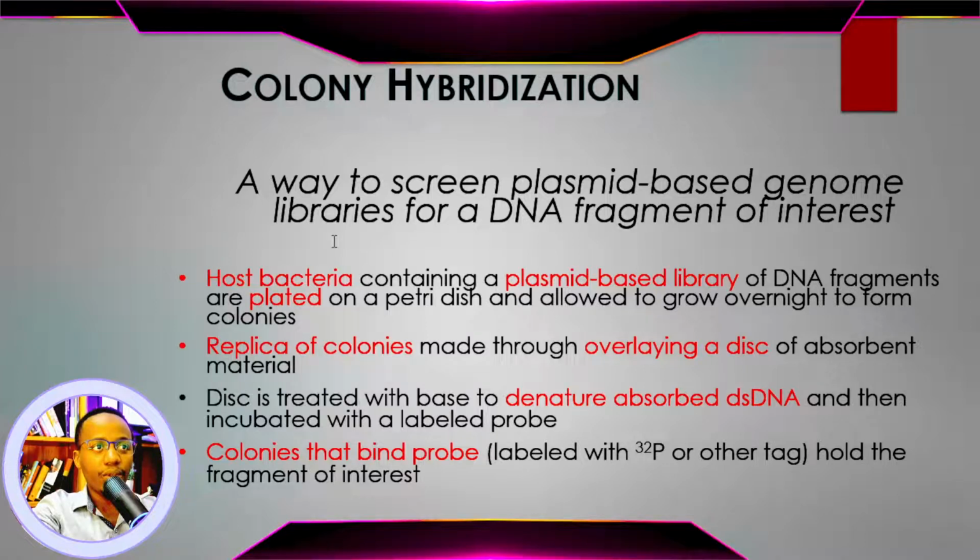If you have a host bacteria that contains the plasmid-based library of DNA fragments, you put them in a petri dish. You make a replica of them using a disk, and then you can hybridize that with your sample of interest to see what binds to that disk.